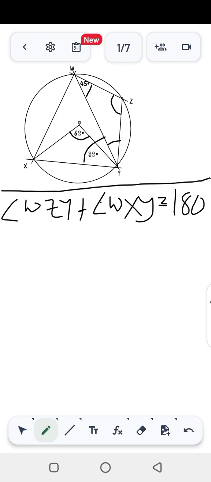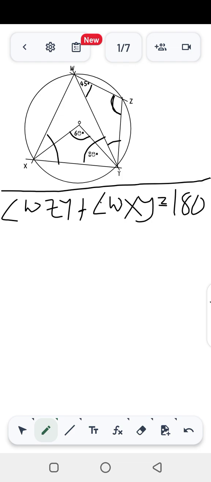Because opposite cyclic quadrilateral angles are 180. They sum up to 180. So the angle from this line to this line and that of this one, when you sum them, it will be 180 degrees. So that means that if we know angle WXY, then we can easily find angle WZY.